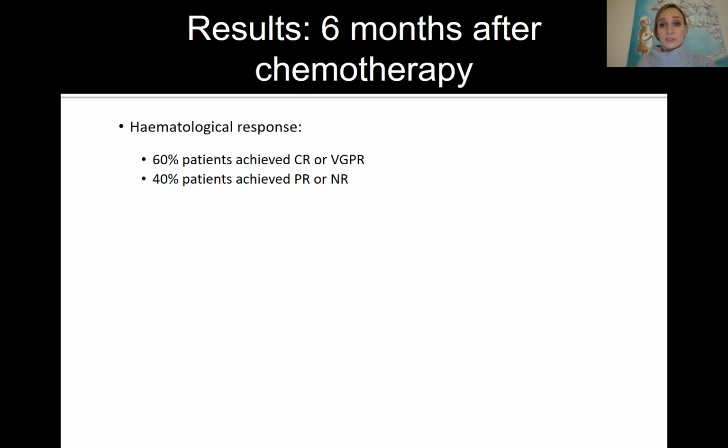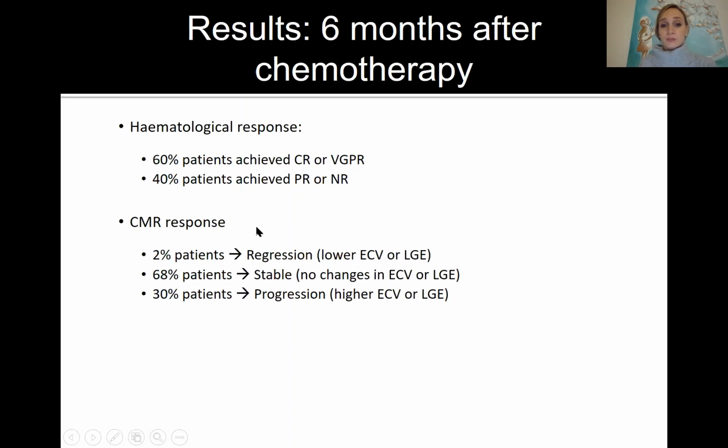So these are the results at 6 months. 60% of patients obtained what we defined as a complete response or very good partial response. So from a clinical point of view, this was a satisfactory reduction in the free light chains. But 40% of patients didn't achieve a good response. In terms of CMR, there was regression in only 2% of the patients, with 7% of the patients being stable and 30% showing progression.